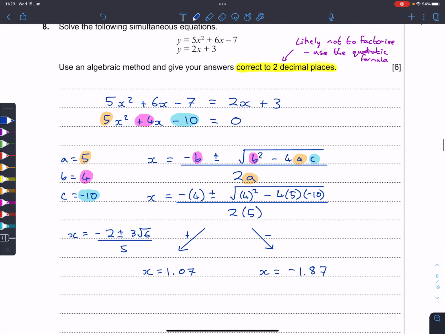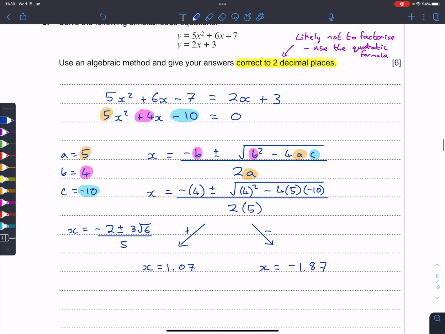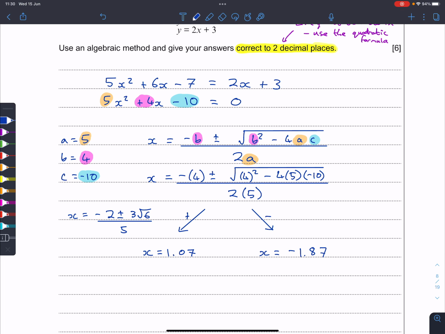Now, I need to find a value of y that satisfies this as well. I've got two expressions I can use for y and values for x that I can substitute in. Probably easier to substitute into the linear one, but both will give you the same answer. So if I sub in y equals 2x plus 3, then for this one, my y is going to be 2 lots of 1.07 plus 3.